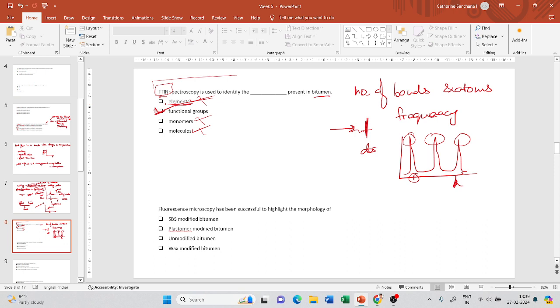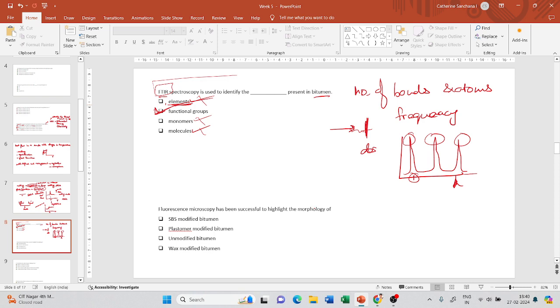The third is also from the chemical composition. Fluorescence microscopy has been successful to highlight the morphology of bitumen. As you would have heard in ma'am's lectures, bitumen, being an opaque material, cannot be studied under a regular optical microscope.